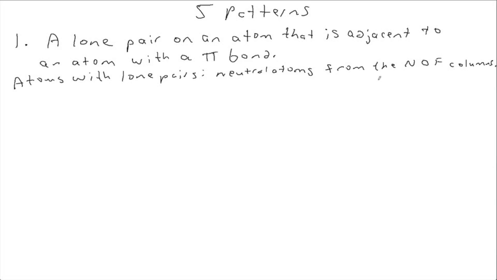So the atoms with lone pairs are neutral atoms from the nitrogen, oxygen, and fluorine columns, although halogens often don't play very strong roles in resonance. And any nonmetal with a negative formal charge has a lone pair. Okay.